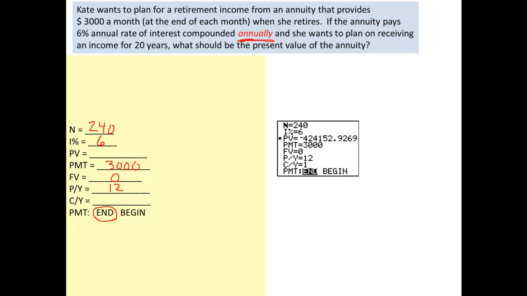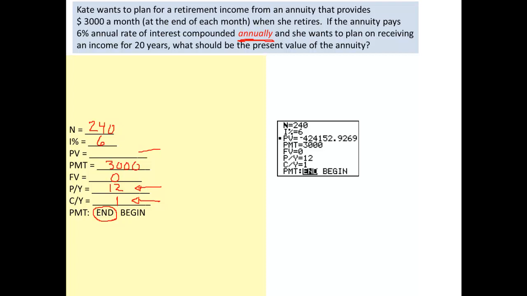So the compounding periods are different than the payment periods. Kate is getting $3,000 each month, so P per Y is still 12. But in this example, C per Y, the number of compounding periods per year, is 1 because the compounding is annual. So this is not an ordinary type annuity.